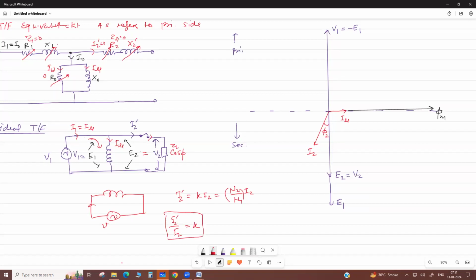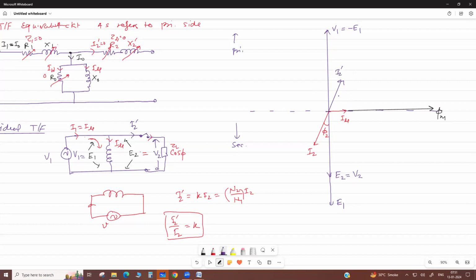Please remember, I2 dash equals K I2. Now, as referred to the primary side, this is the primary side and this is the secondary side. This is I2 dash.